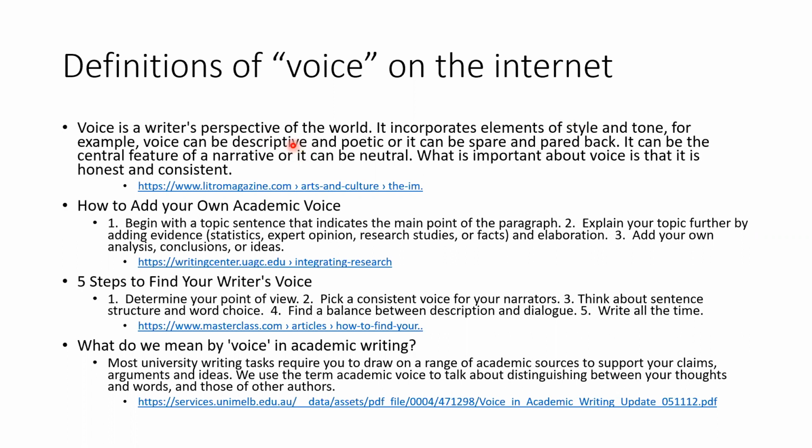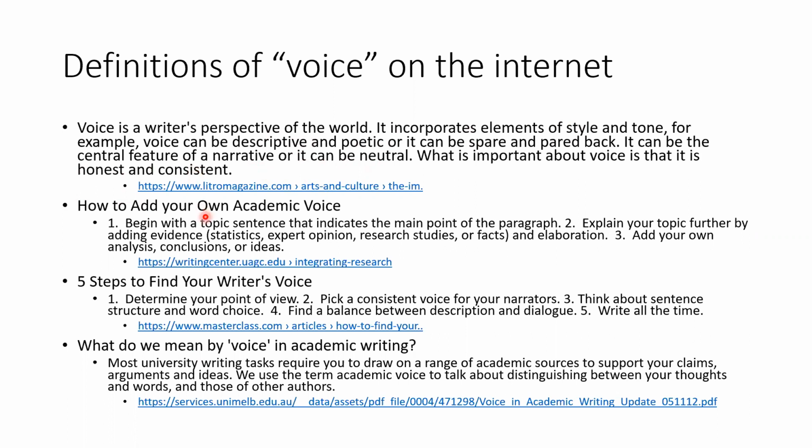Voice can be descriptive and poetic, or spare and pared back. It can be a central feature of a narrative, or it can be neutral. And what is important is that it is always honest and consistent. That tells me nothing. It also doesn't tell me how I'm supposed to put voice into my dissertation writing.